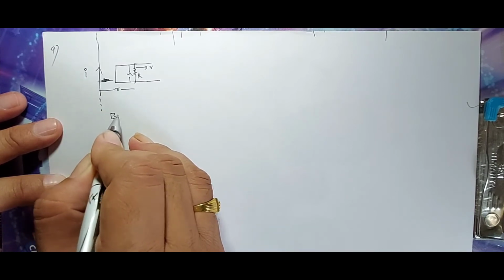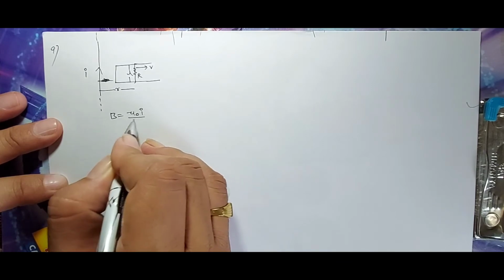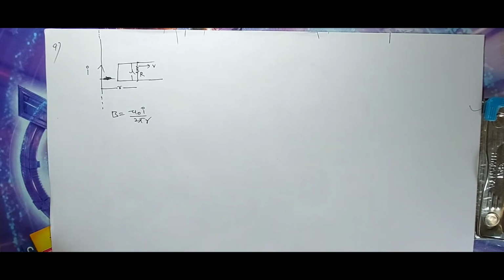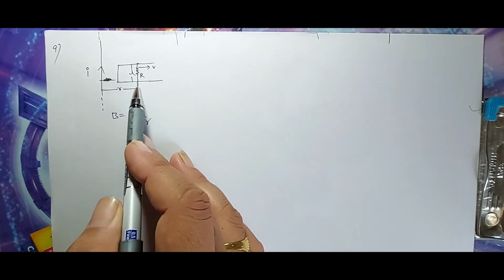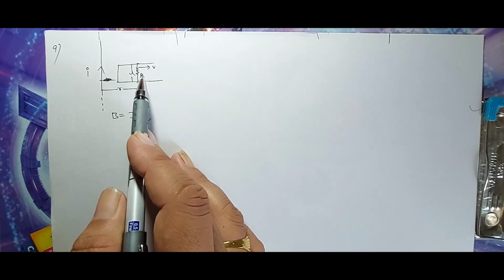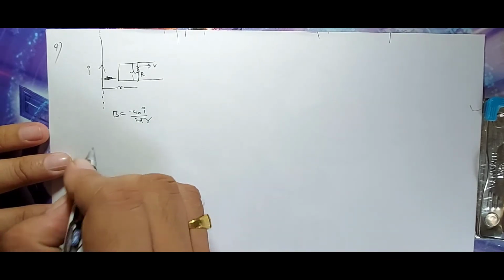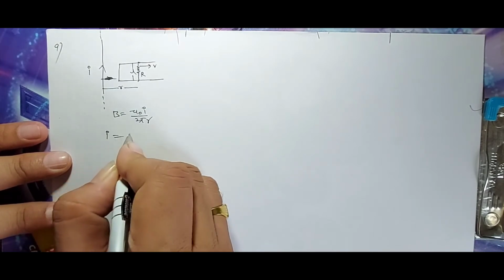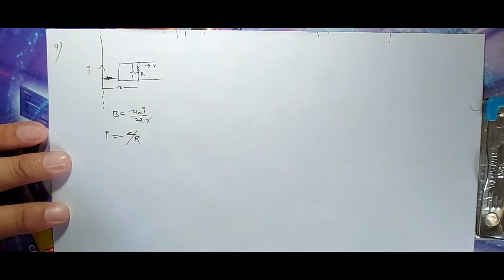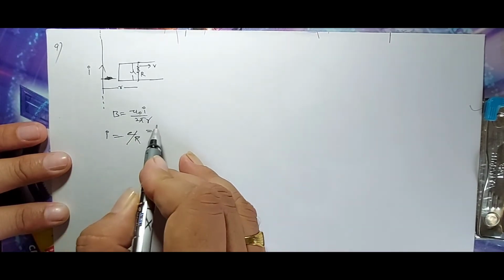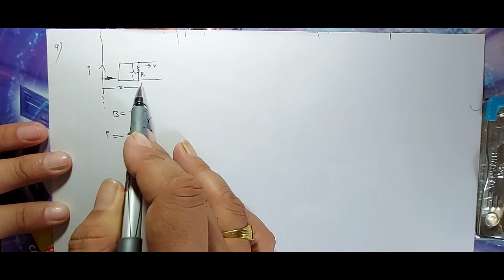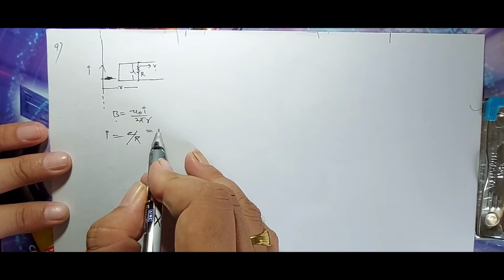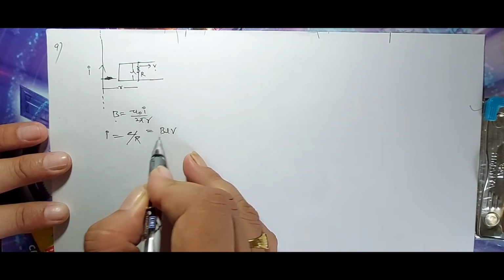That magnetic field is B equal to mu naught I by 2 pi R. In that magnetic field developed by this infinite conductor, there is a connector moving with velocity V. We know that induced current I is equal to induced EMF by R. Whenever a conductor of length L is moving in a magnetic field B with a velocity V, the induced EMF is E equal to BLV, so I equals BLV divided by R.